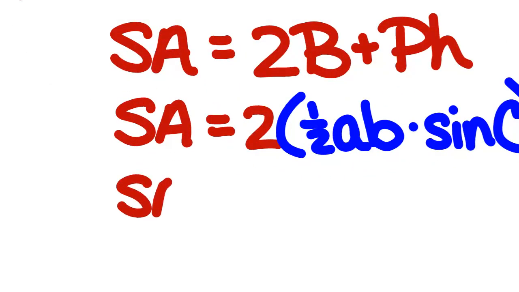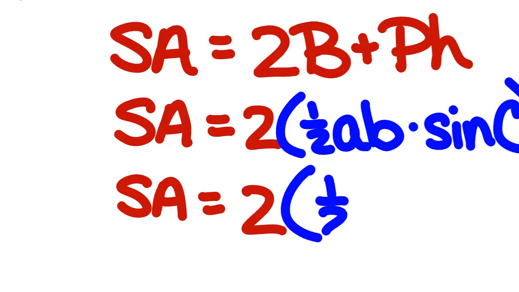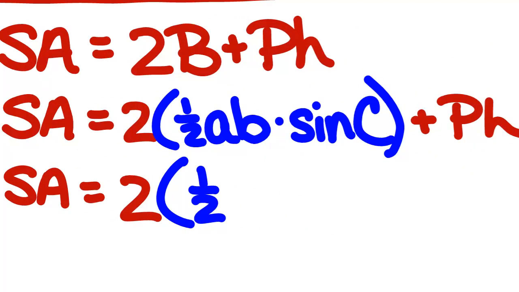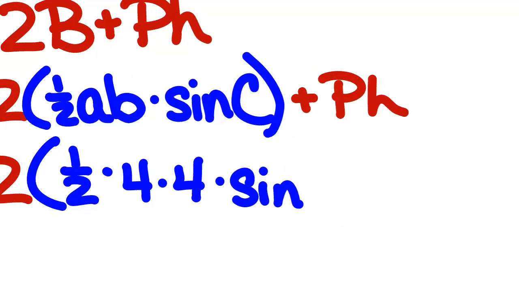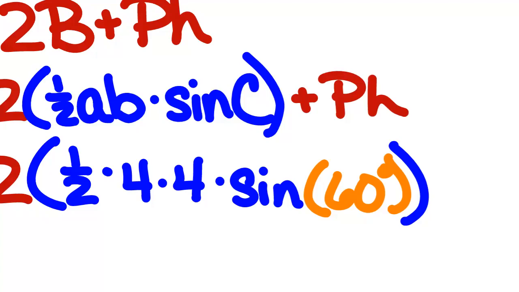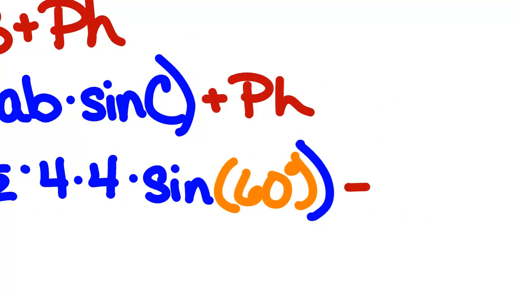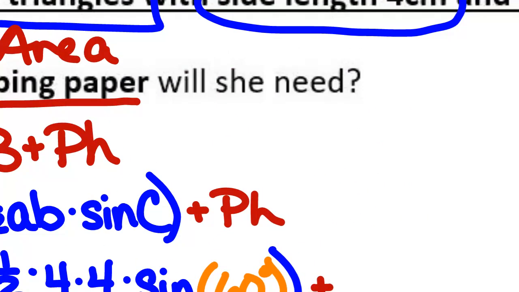So my surface area is equal to 2 times 1/2. How big are my sides? 4. So times 4 times 4 times sine of, how big's the angle in between those two sides? 60 degrees. And then we have to do plus my perimeter. This is the perimeter of the base.